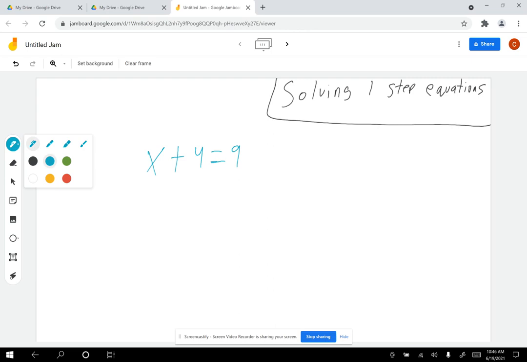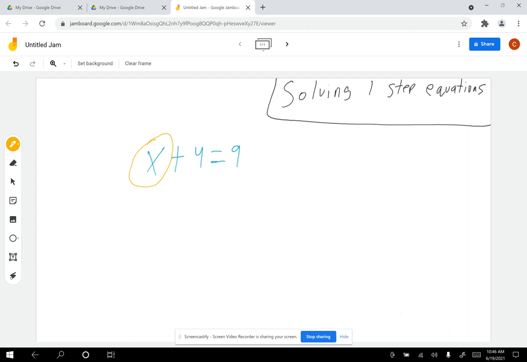So what I'm going to do is simplify and isolate. I want to isolate my variable here, which means I have to do the opposite to get the other number to move across. Another way of thinking about this is I'm trying to get 4 on the other side so that x is by itself.